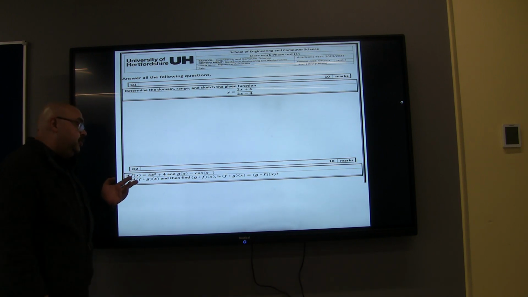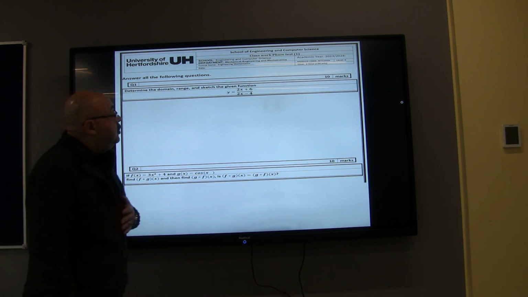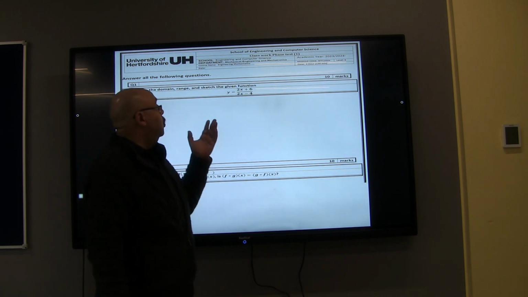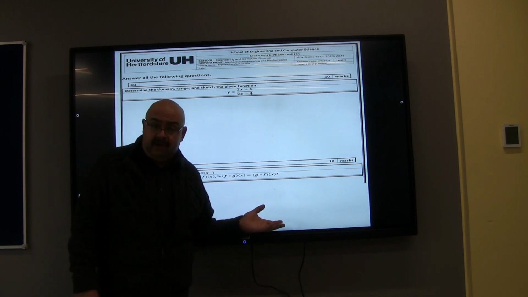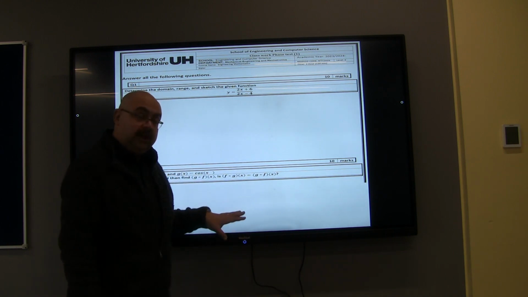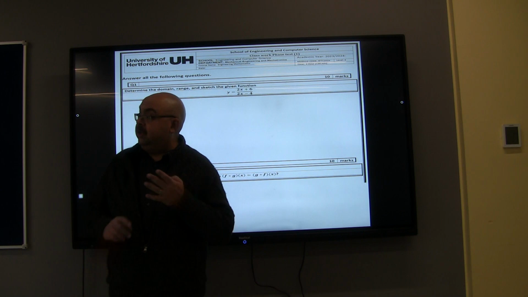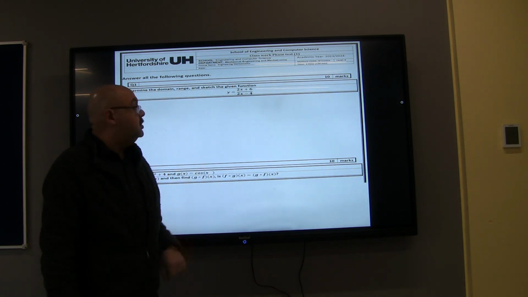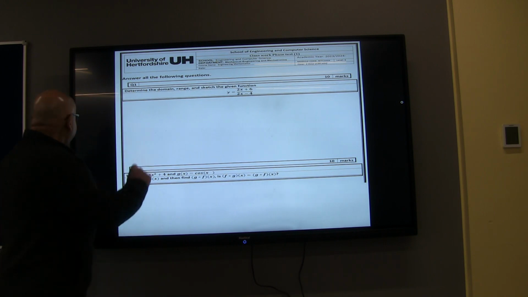And for question 2, he asked you about the composite functions. Please do review the part of linear functions, quadratic functions, or the rational functions, how to graph them, and the other part which is related to the inversion, how to get an inverse of a function, how to form composite functions. This is also very, very important.